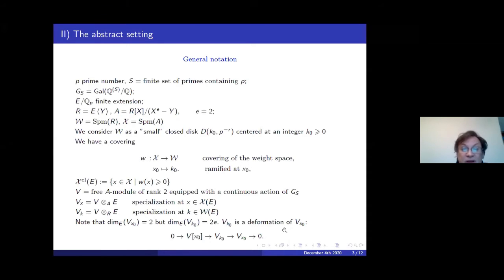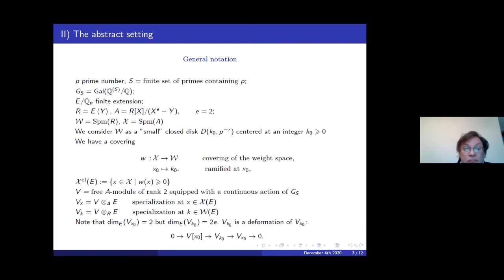So we have a tautological exact sequence. We project Vk0 onto Vx0, and we denote by Vx0 the kernel.